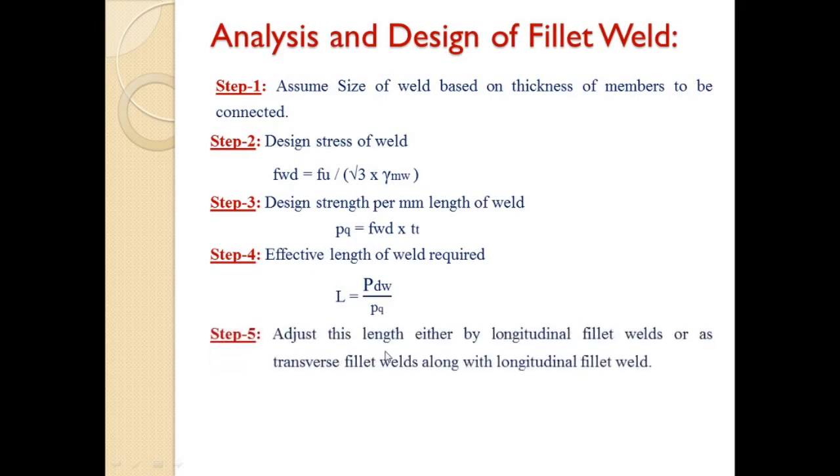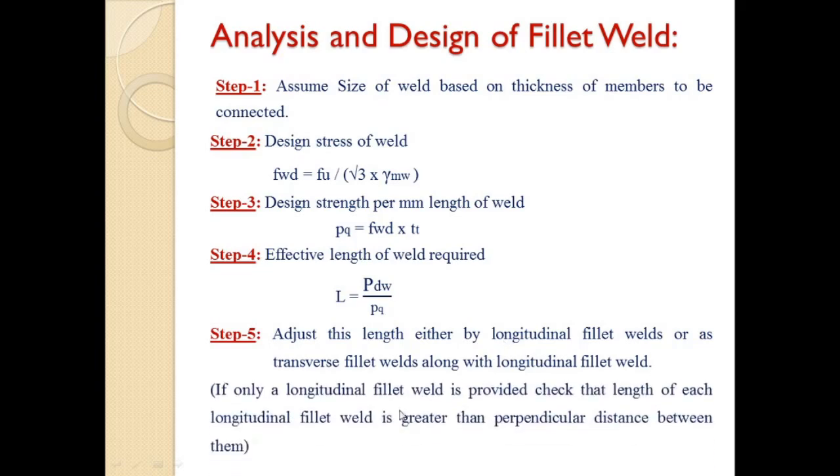Here we adjust this length either by longitudinal fillet weld, or by transverse fillet weld along with longitudinal fillet weld. Means we can provide the fillet weld only on longitudinal sides, or on transverse as well as longitudinal sides.